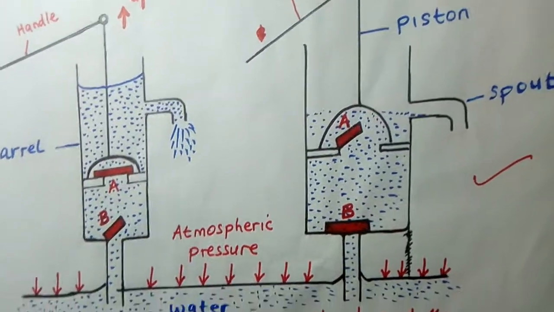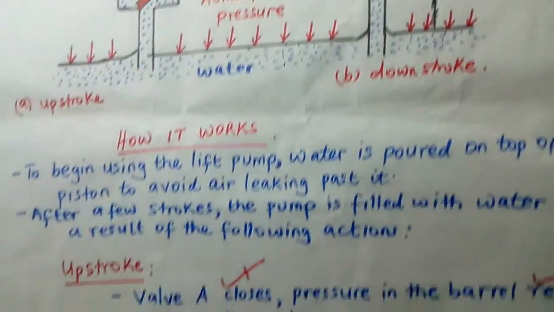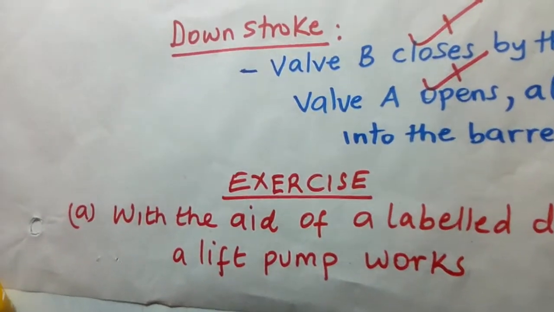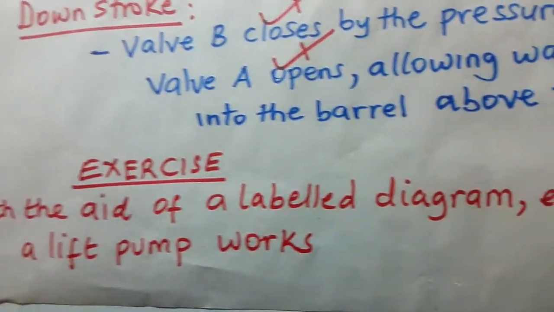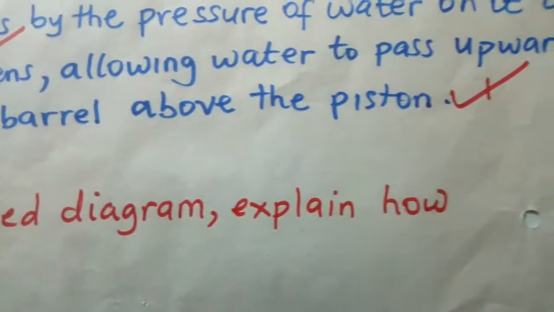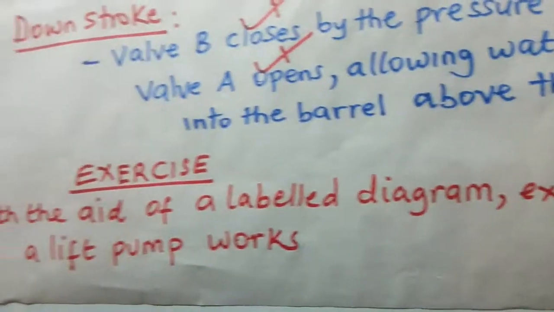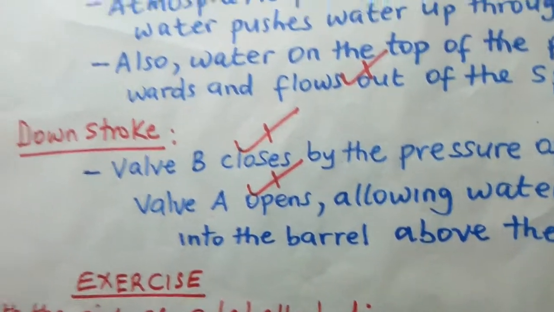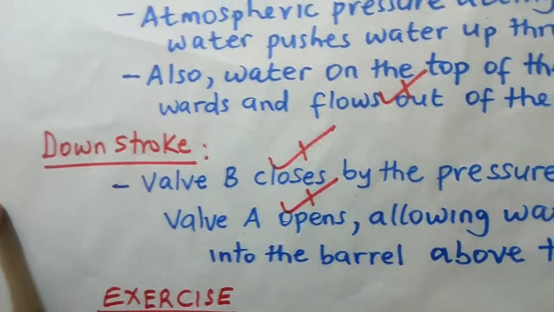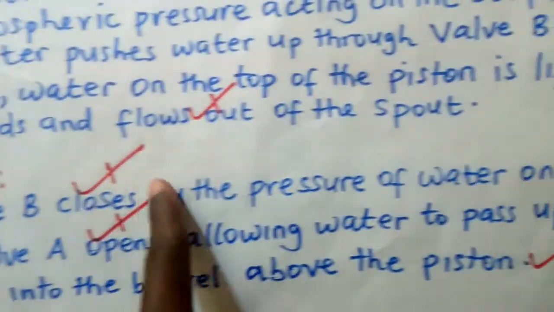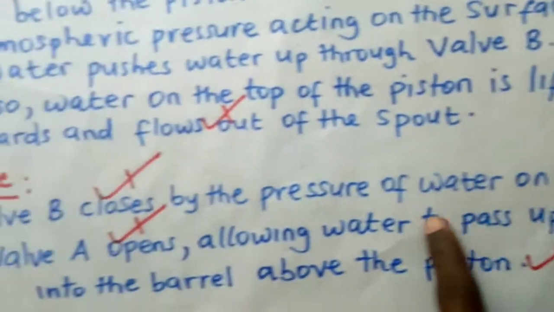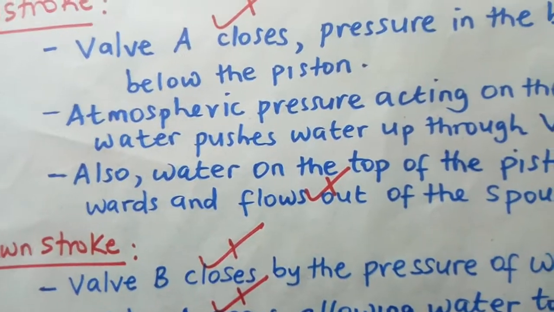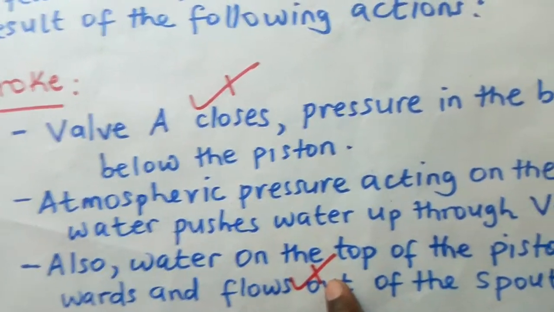So if somebody asks you a question like this exercise A, that with the aid of a labeled diagram, explain how a lift pump works. How will you score? You see, in the downstroke, valve B closing, pressure of the water on it, valve A opening. You see where the ticks are? This is how somebody will award you marks.